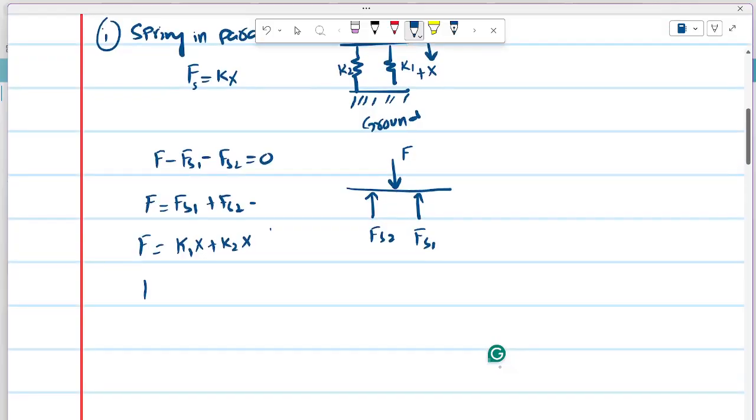The total net force is (k1 plus k2)x, or F equals k equivalent x.